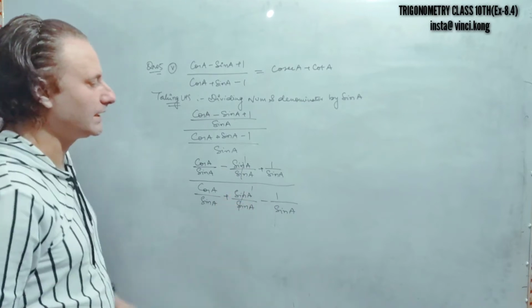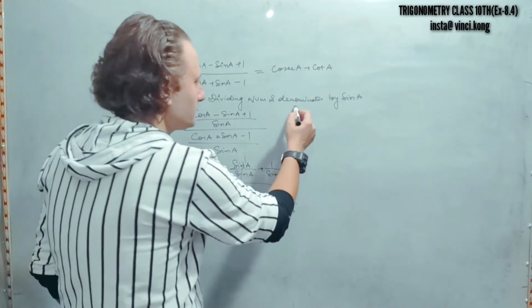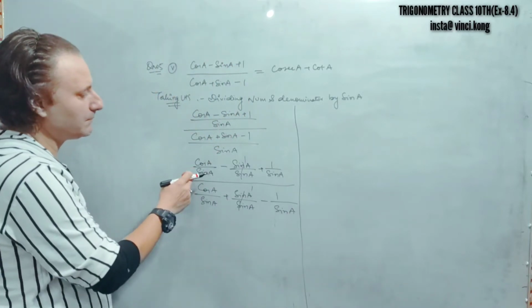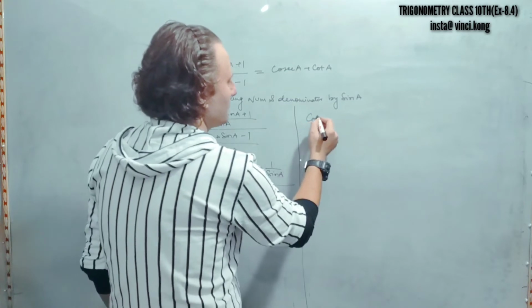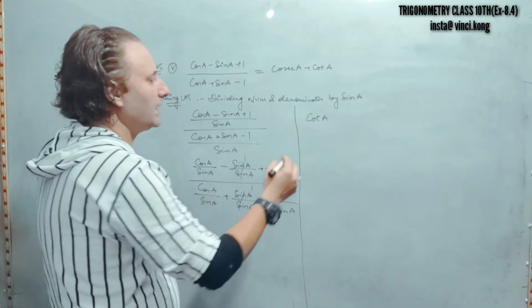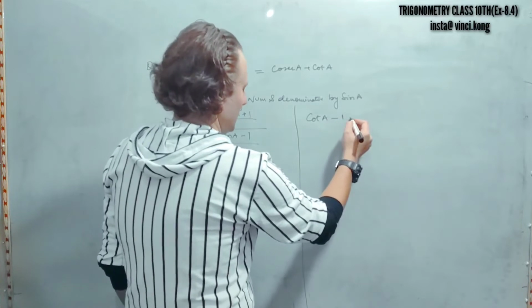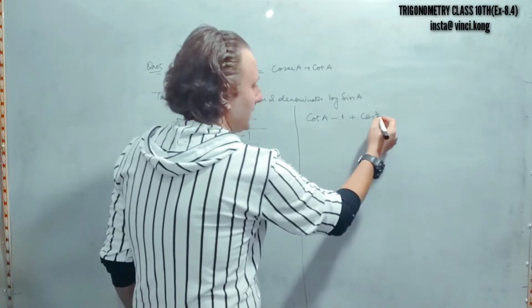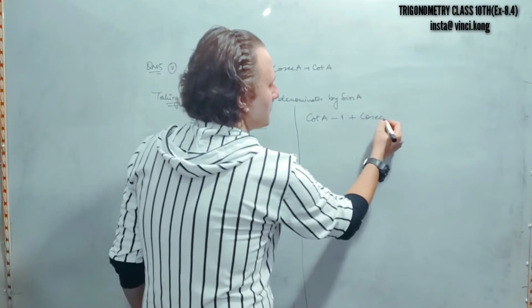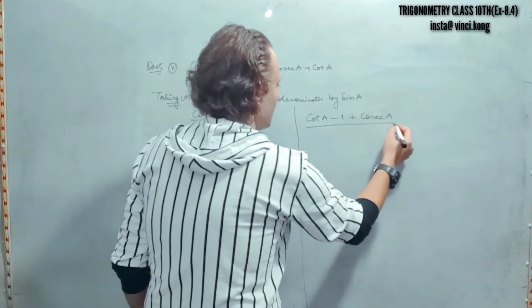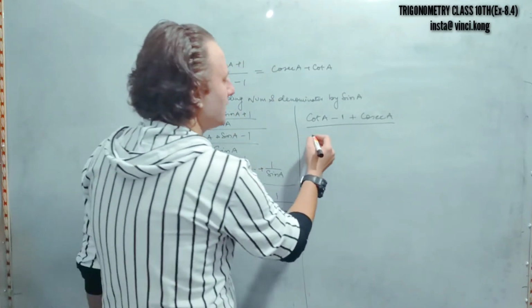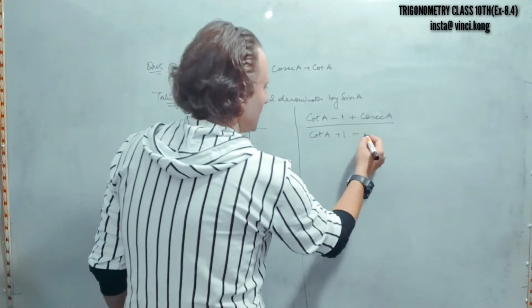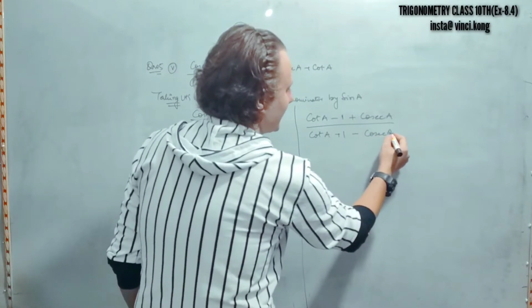This thing also I can cancel, I have 1 here. Now what do we do? Cos A upon sine A is cot A. Then I have minus 1, and then I have 1 upon sine A, which is cosec A. Similarly, I have cos A upon sine A, that is cot A, then plus 1, then minus cosec A.